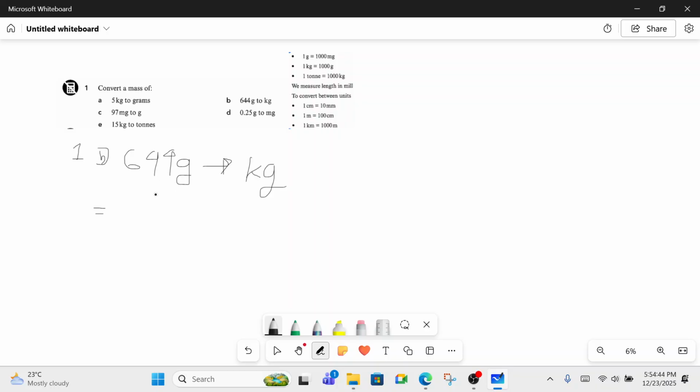So we know that 1,000 grams represents 1 kilogram. So how much would 644 be in kilograms?